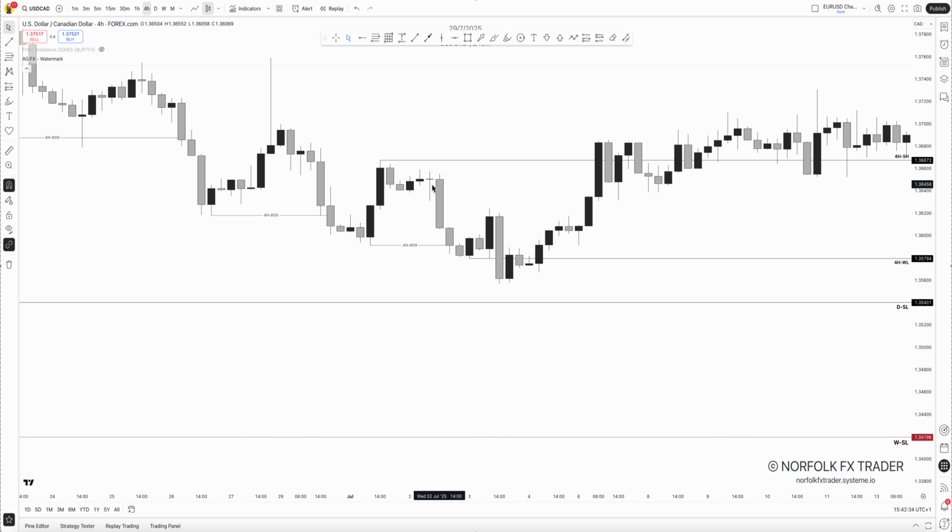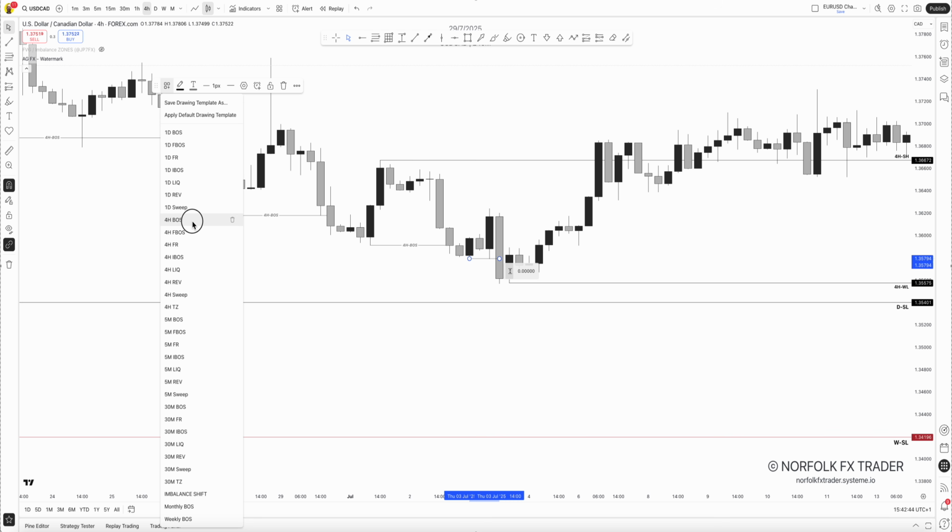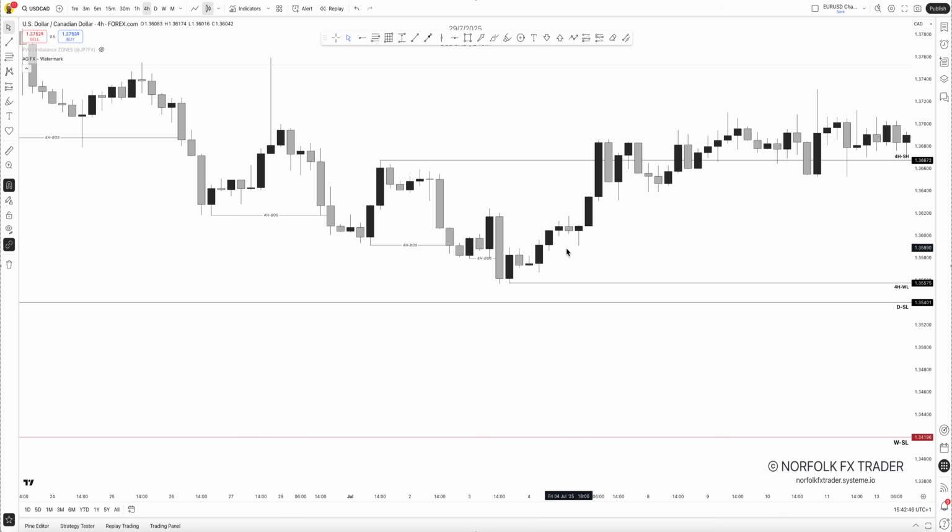We have a breakout again to downside, so we can mark this off as a new break of structure. So you can see the market now has started to make smaller swings as we continue to break down. At that point, we don't mark this low off yet, but we can mark off a high straight away here. Now that is a strong high until we see a shift in structure.